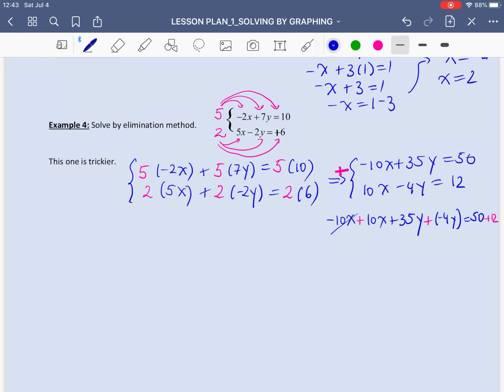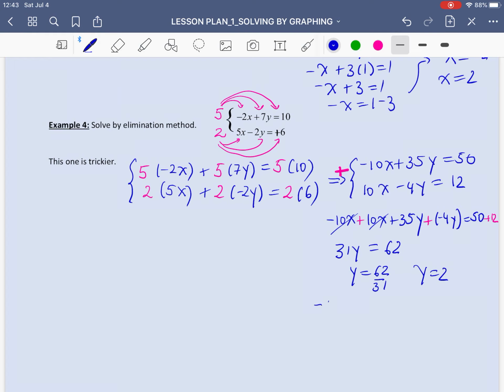The x terms simplify to 0. 35 minus 4 is 31y equals 62. So y equals 62 over 31, or y equals 2.